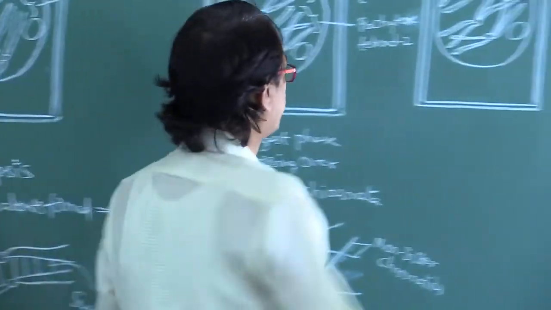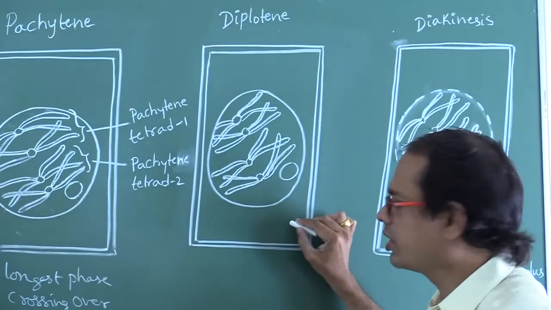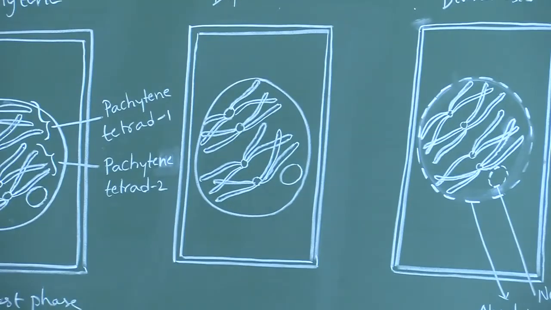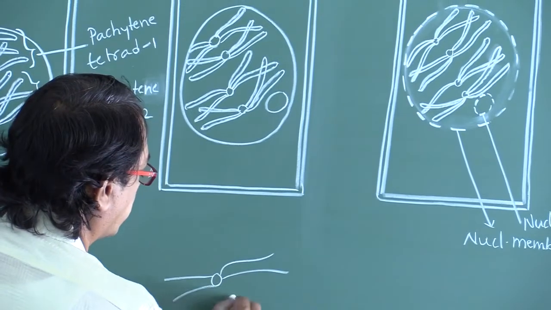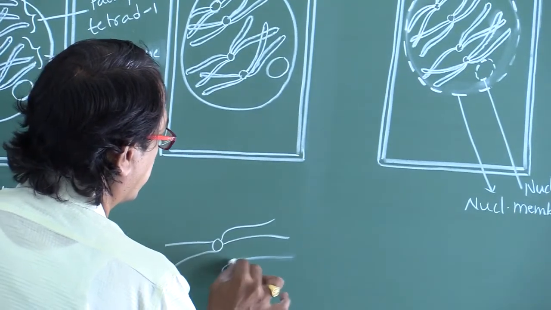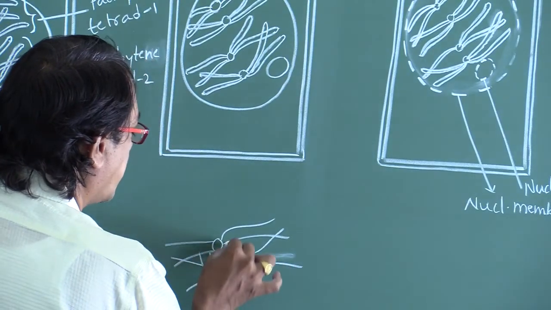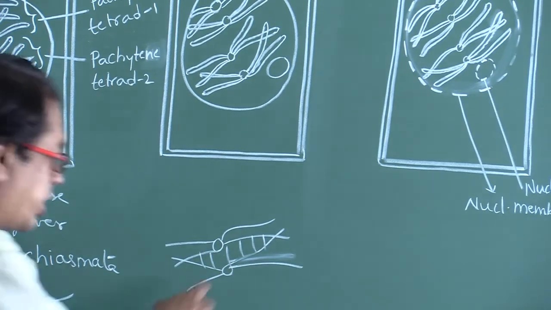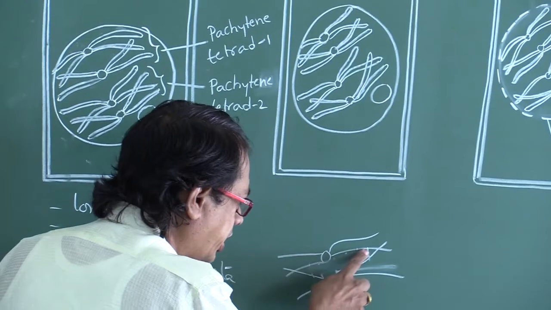Next one, this is the diplotene stage. Here the synaptonemal complex slowly goes on to degenerate.